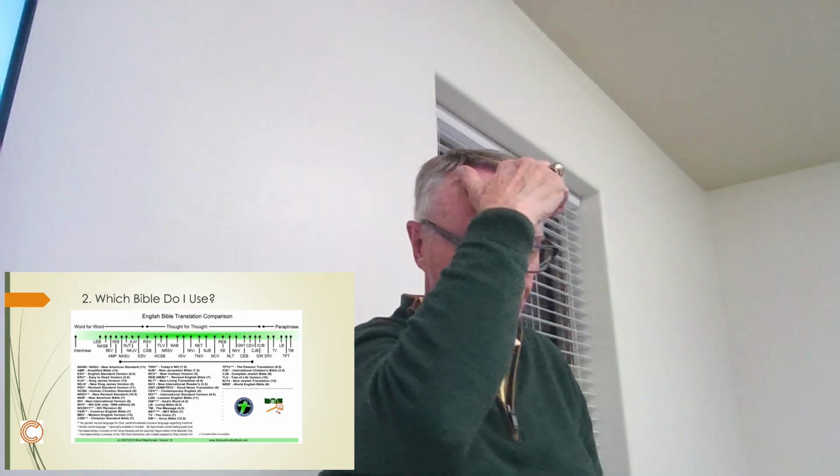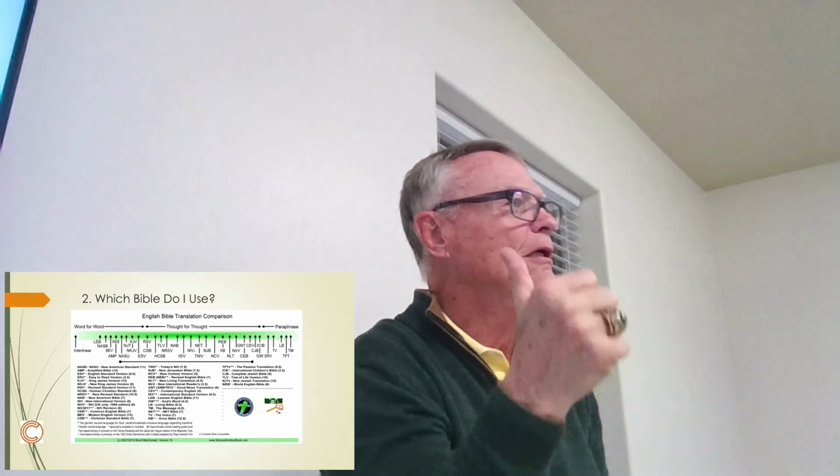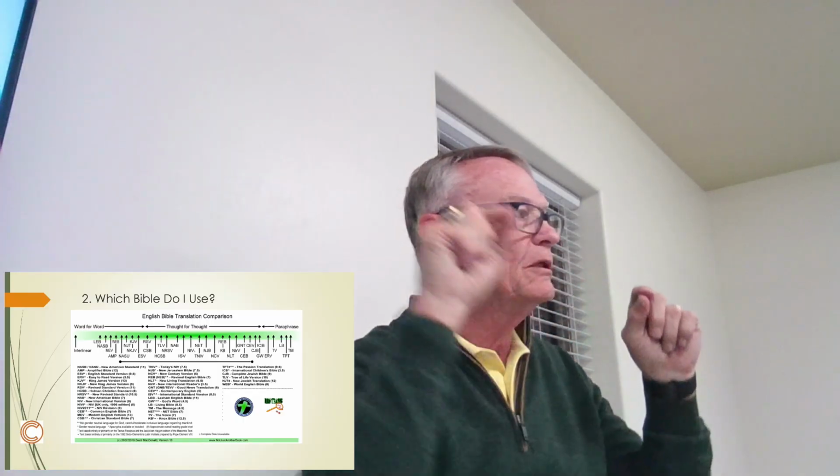But the two things I want to do is, first of all, as we've talked about, connect Acts with what we studied about in the intertestamental period. For those of you who were here for that, you remember we had three main things that we talked about in the intertestamental period.